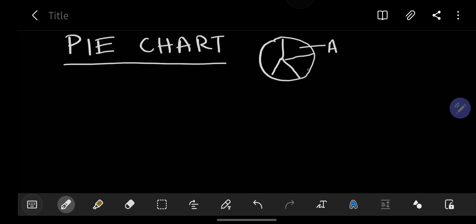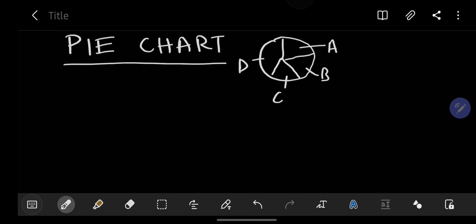This represents variable A, this represents B, C and D. If these were grades, you can say that most of the class scored lower marks. How did I conclude that? I concluded this by saying that D has the maximum proportion.